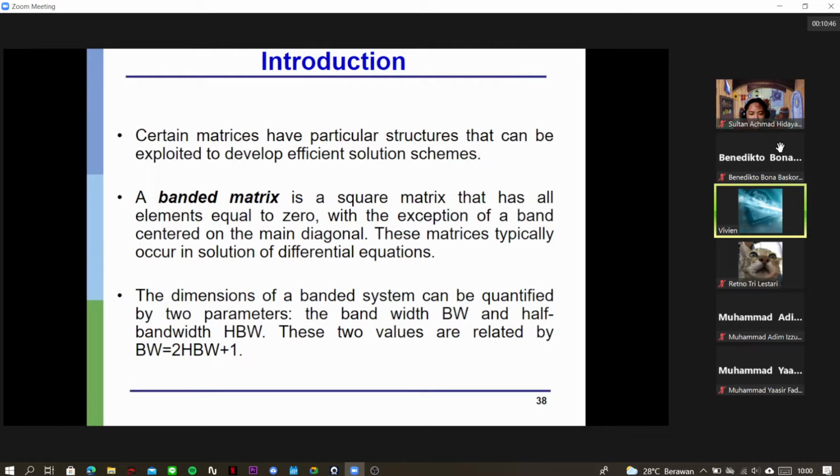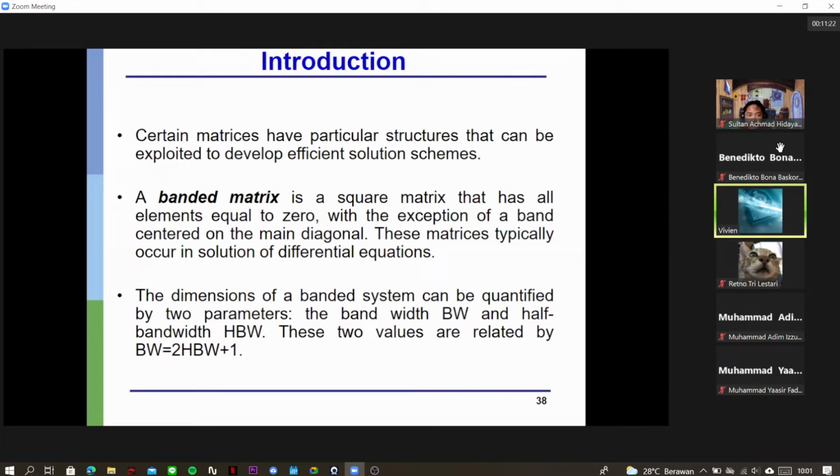When we have special matrices, for example, we have the term banded matrix. So what is a banded matrix? A banded matrix is a square matrix that has all elements equal to 0, except the band centered on the main diagonal. This means that the elements fill not only the main diagonal, but also several bands near the diagonal.